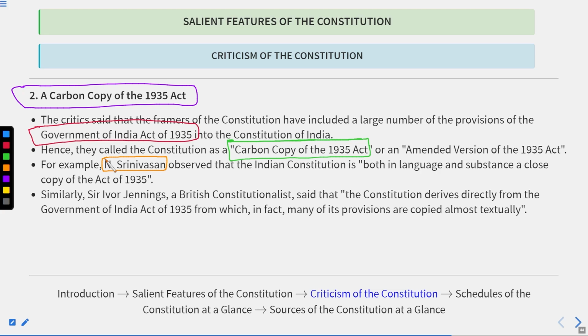It means that both Srinivasan and Sir Ivor Jennings said that if we look at both the aspects, language as well as the substance put into the constitution, then we will find that it is a carbon copy of the Government of India Act 1935. So that is the criticism which they have posted.